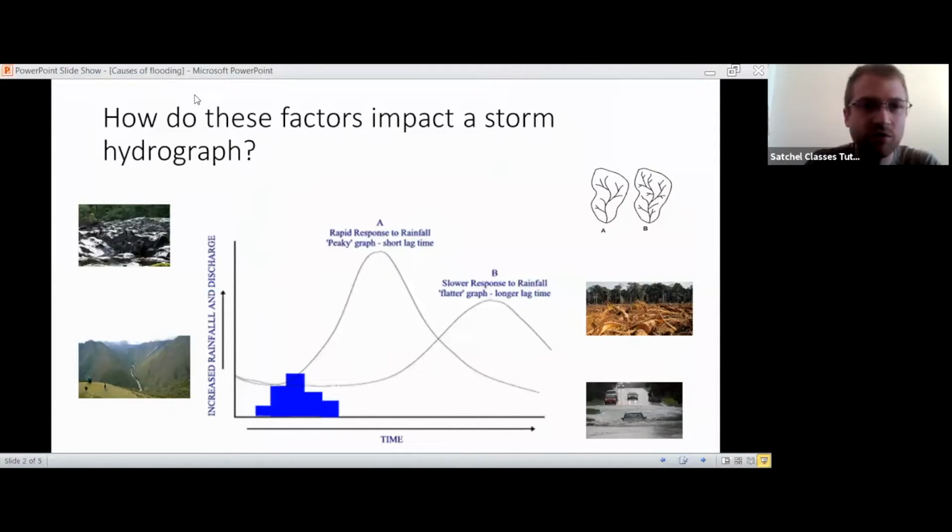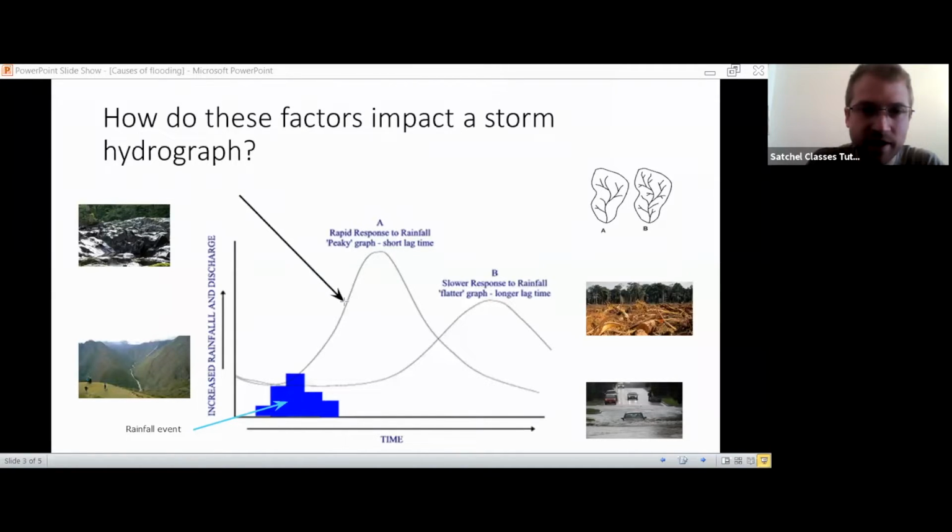So we'll just pick out a few key bits. This is our rainfall event. Those blue bars represent rainfall. We can see time at the bottom, which shows how the river has changed. So these lines, I will draw black.